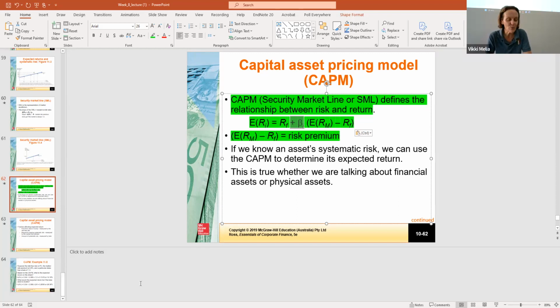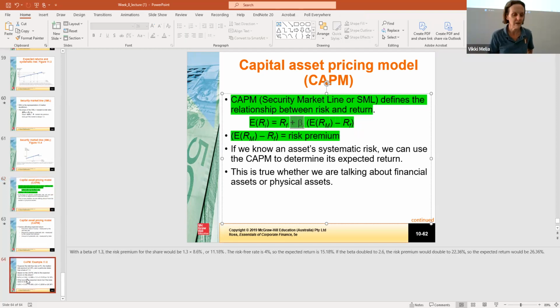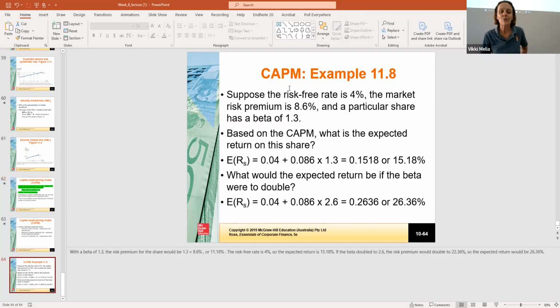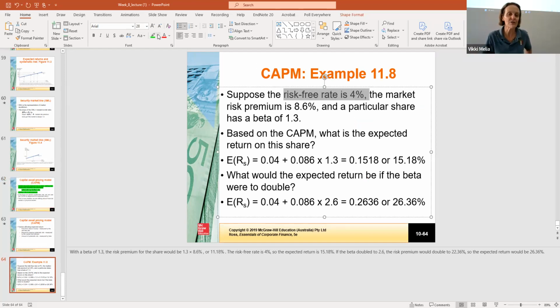There's an example. We'll have a look at that example, and then we've covered all of the really important information from that topic. So in this example, we're given the risk-free rate of return. The risk-free rate, which is RF, is 4%.